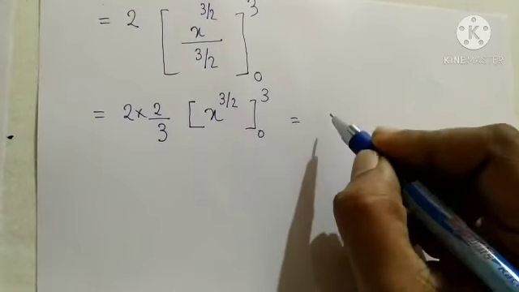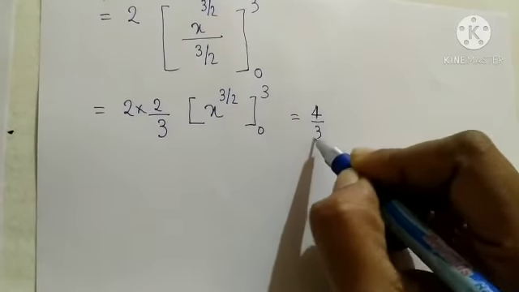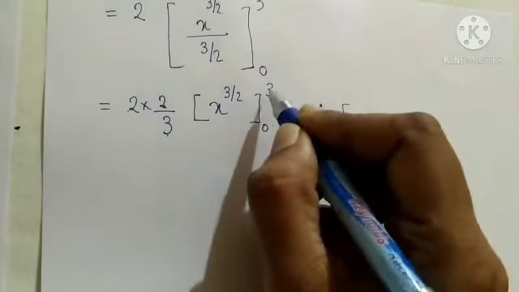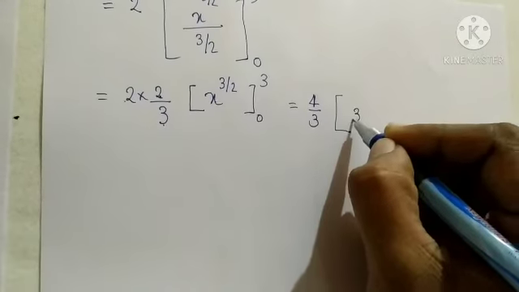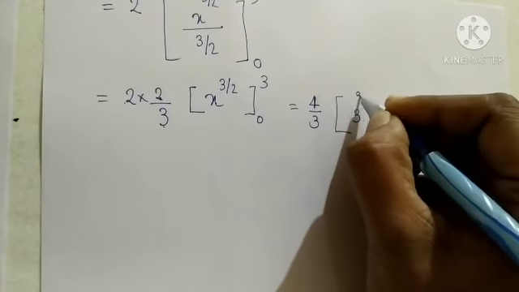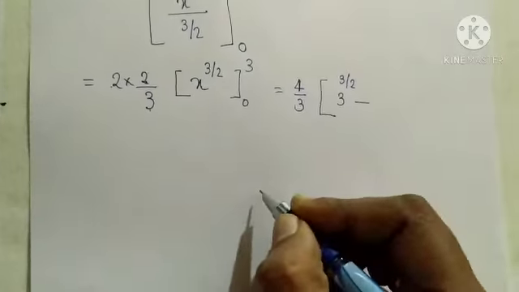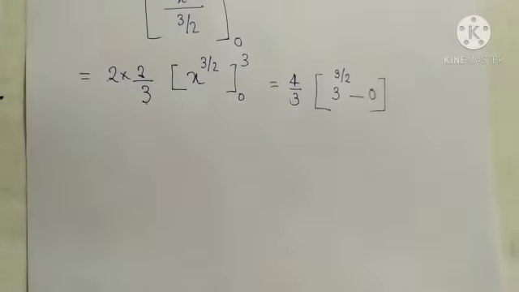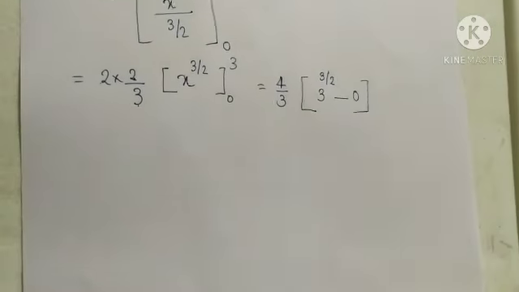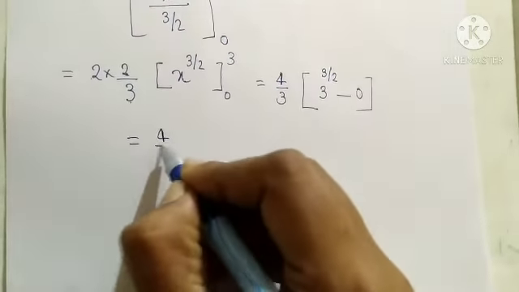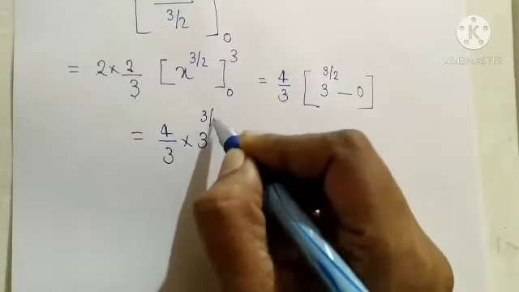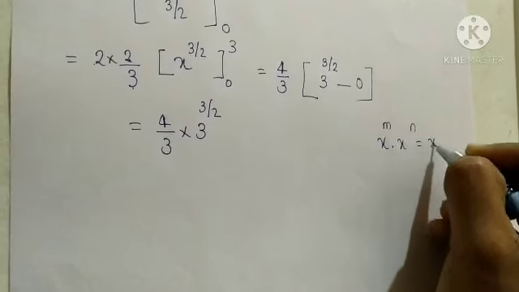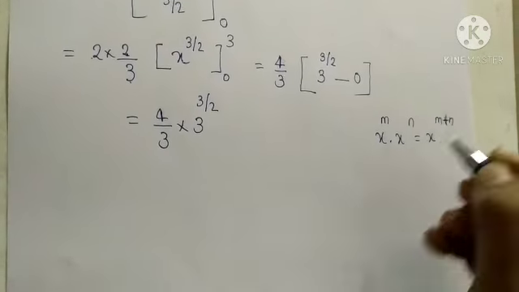Here we get 2 into 2 become 4 by 3, and replacing x by 3, we get 3 raised to 3 by 2, minus, replacing x by 0, this term will become 0. Or it can be written as 4 by 3 into 3 raised to 3 by 2, and we know that x raised to m into x raised to n is equal to x raised to m plus n, by using the law of exponents.